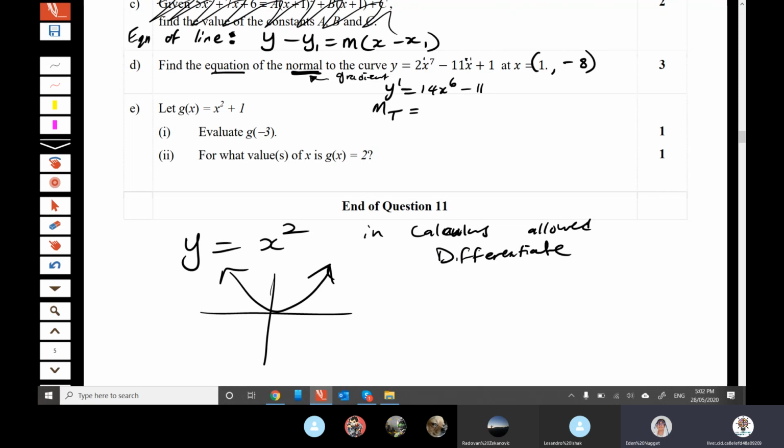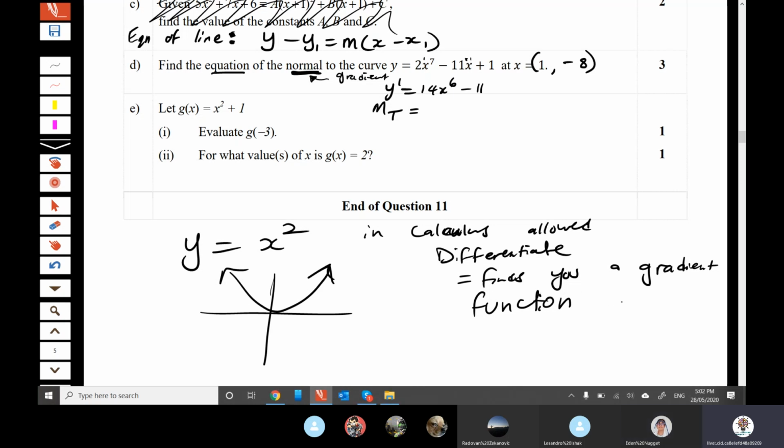And if you differentiate, what it finds you is a gradient function. And a function just means a relationship. It finds you a gradient relationship, right?